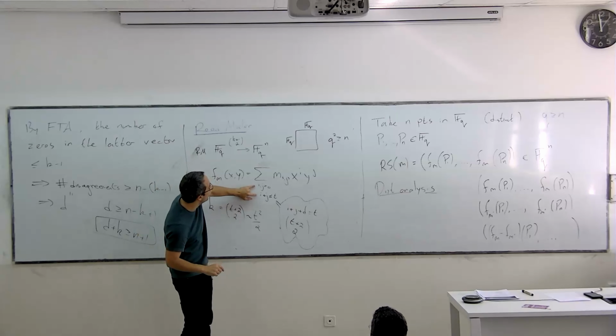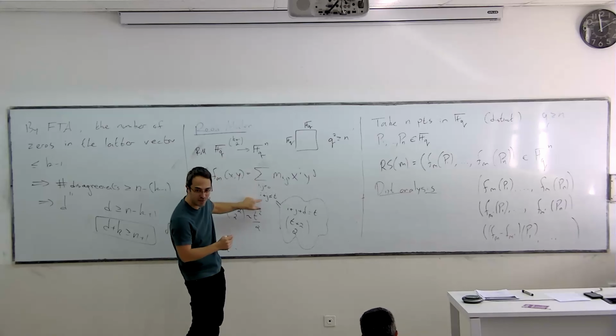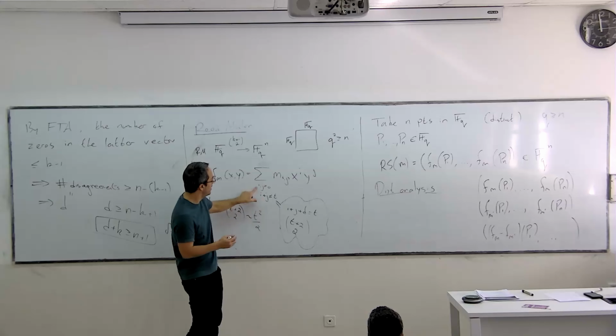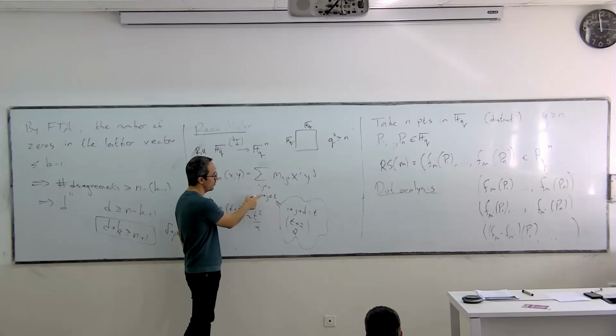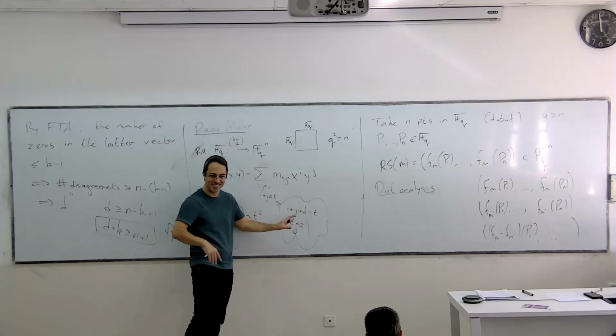So given T, how many pairs Ij do you have, from 0 up to infinity, such that i plus j is at most T? That's how I remember how to do it.